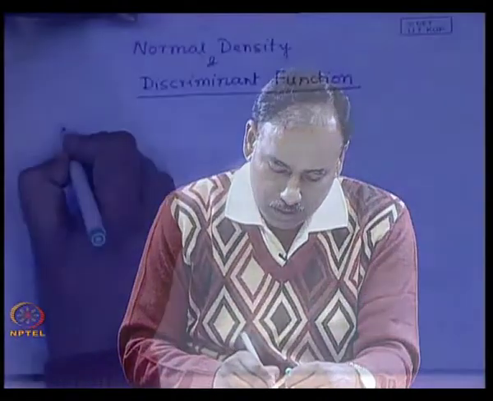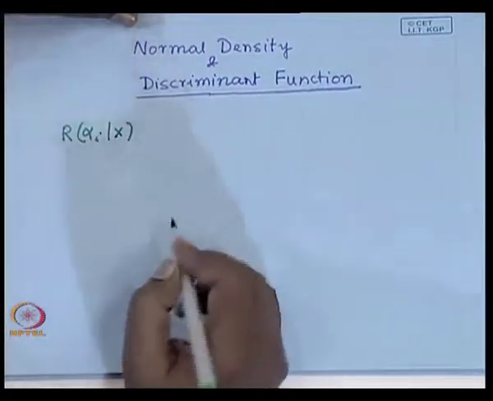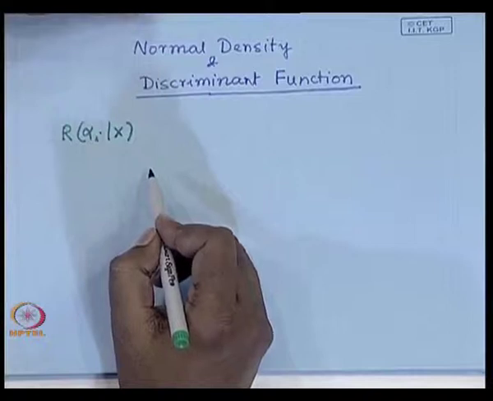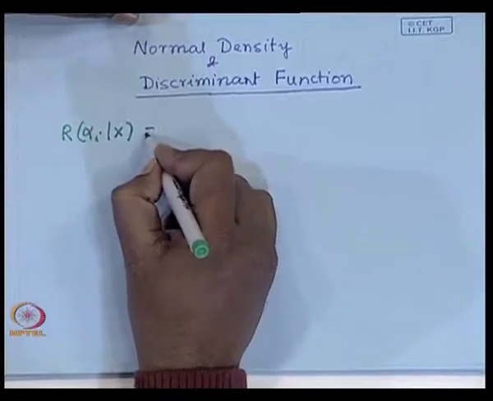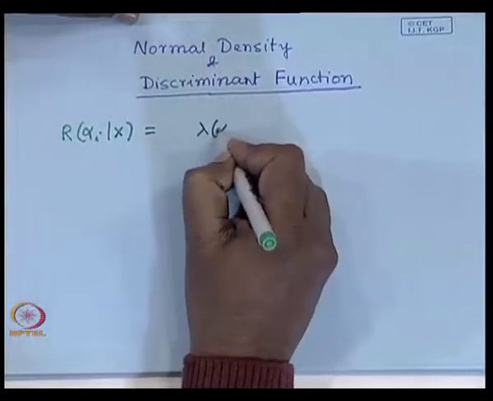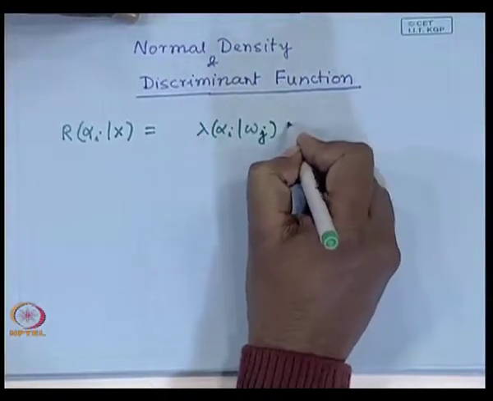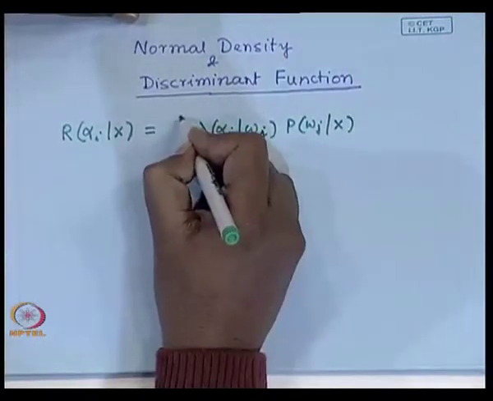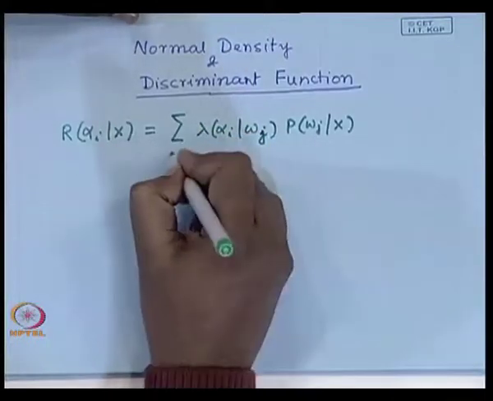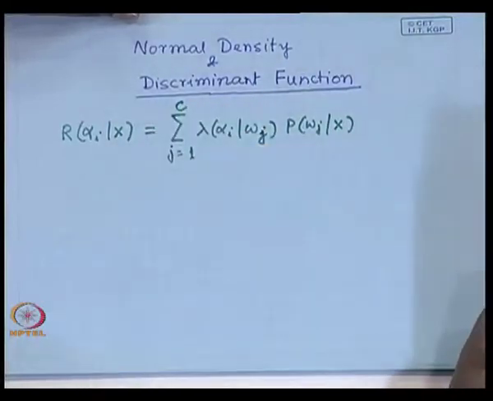So, the risk function that we said was of this form, R of alpha I given x, that means given a feature vector x, the risk involved in taking an action alpha I, which was of this form: lambda of alpha I given omega j into p of omega j given x, take the summation for j equal to 1 to c, where c is the total number of classes.